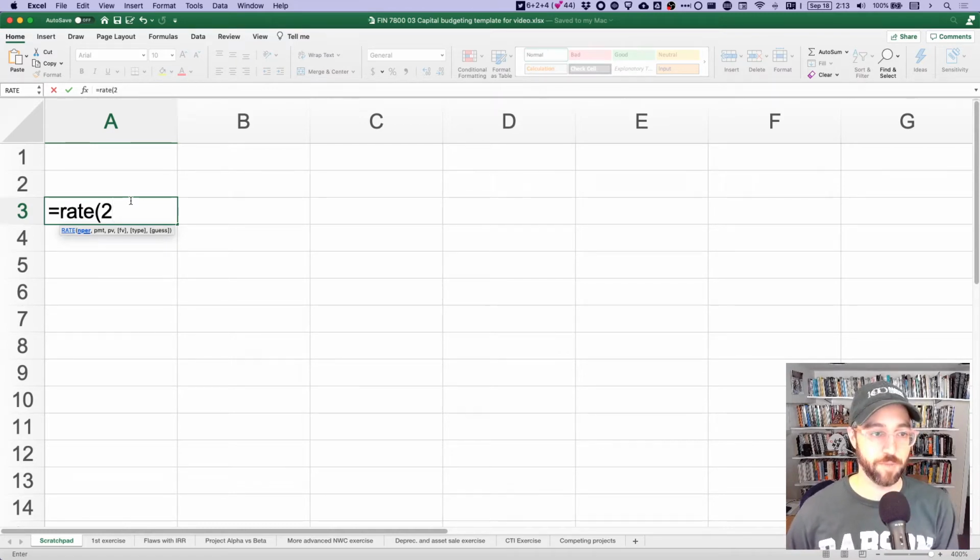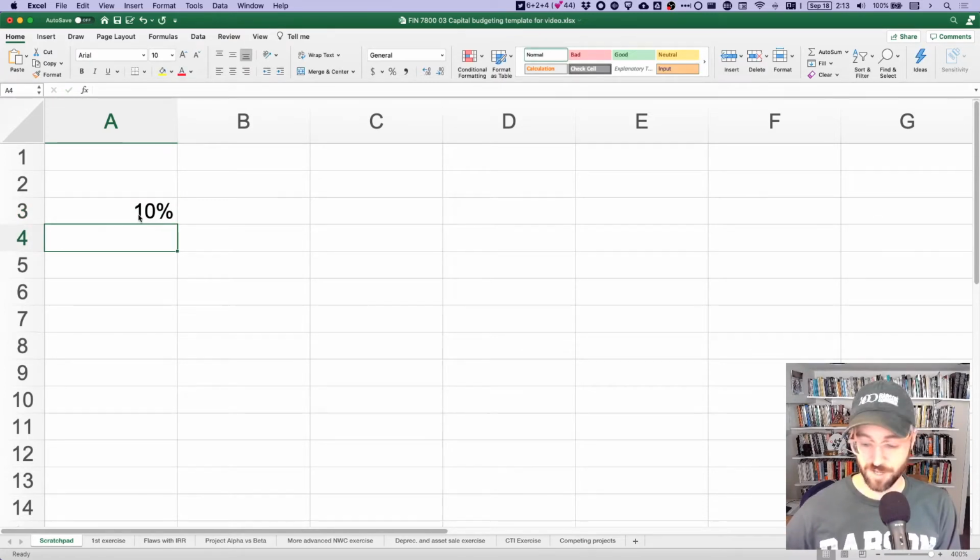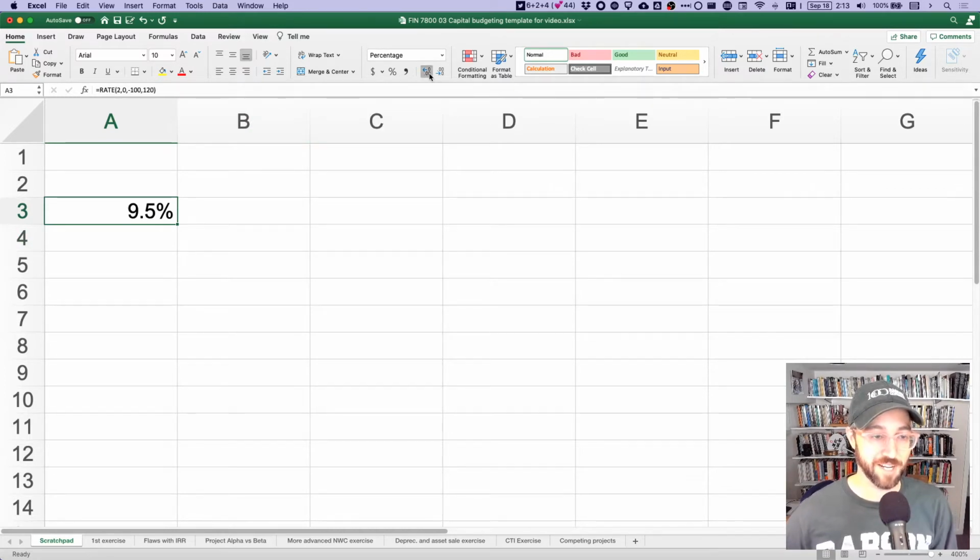So that's the number of periods, with no interim payments, so no cash flows positive or negative delivered along the way, of putting in $100 million at time 0, so that's going to be a negative $100 million present value cash flow, to generate $120 million in positive cash flow 2 years later. And although Excel shows the answer as 10%, we should not be surprised that that's not actually the exact correct answer. If I show some additional decimal places, I can see an approximate rate of return of 9.5%.